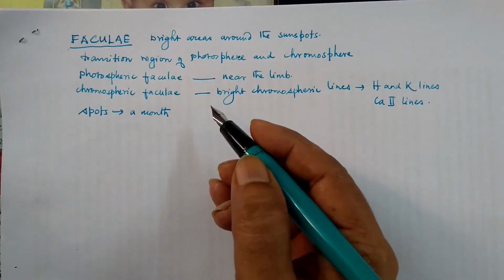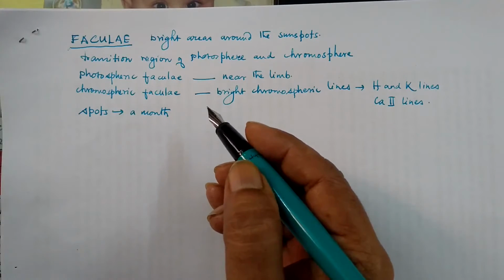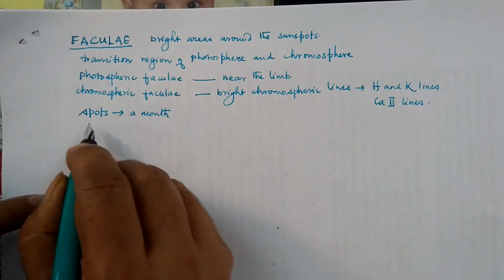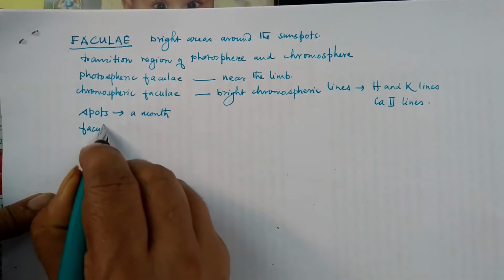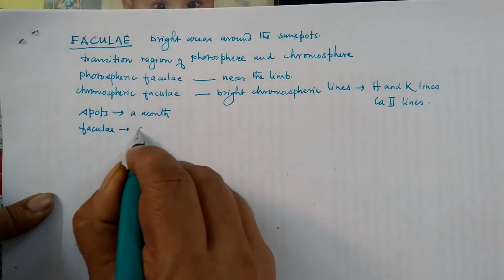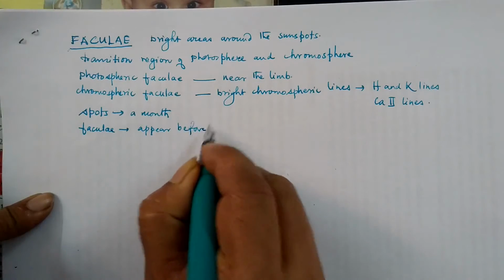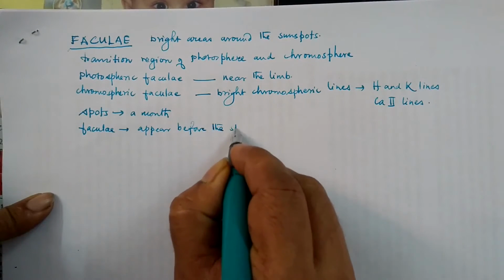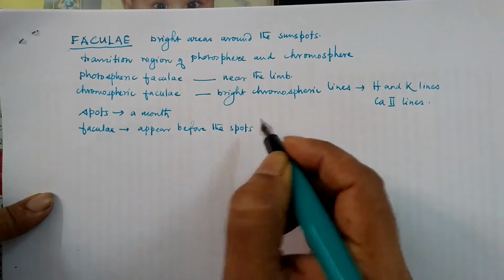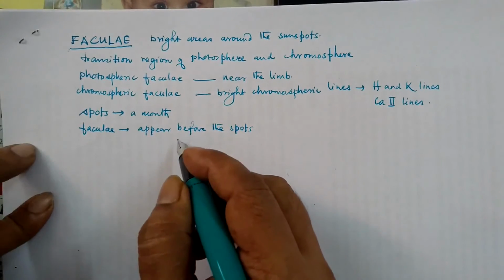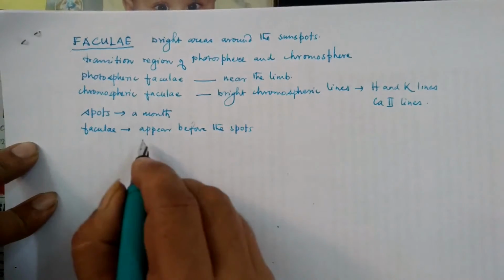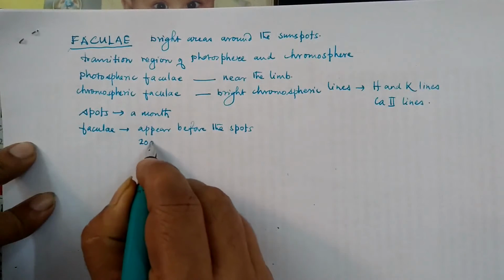They appear before the spots, and in some cases they stay for about 200-300 days.